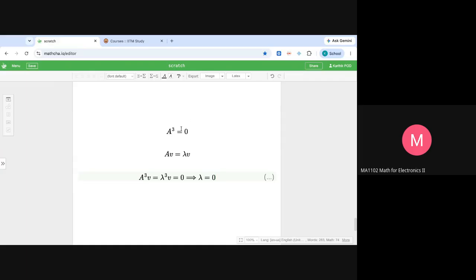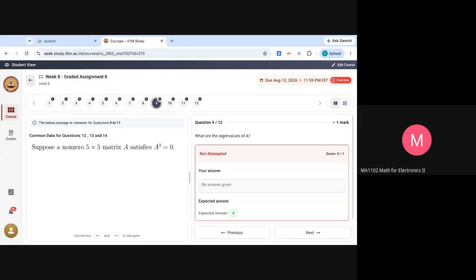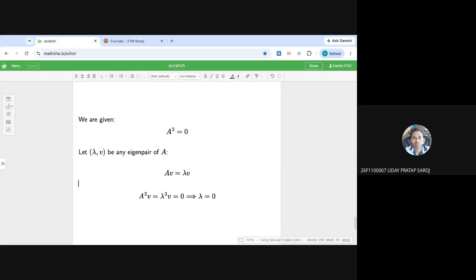If we are given A cube equal to 0, and lambda is an eigenvalue of A, then lambda cube is an eigenvalue of A cube.